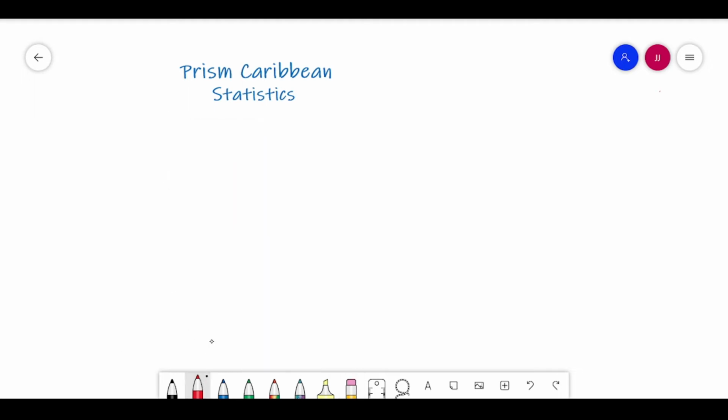Another thing I would like to show you all is that we have two types of data. You have grouped data and you have ungrouped data, right?